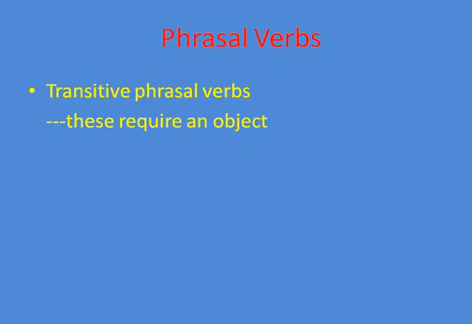Here it means that a verb requires an object, and such verbs are called transitive verbs. Now if a phrasal verb requires for sure an object and doesn't convey any fuller meaning without an object, that is called a transitive phrasal verb.